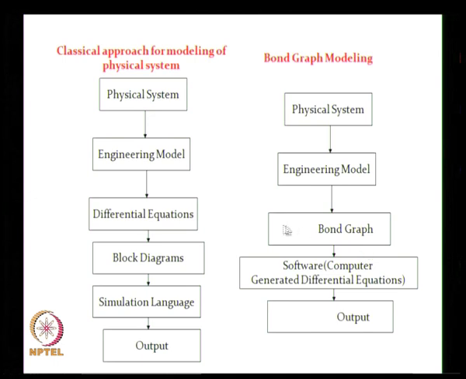That is the main difference between Bondgraph and the classical approach. We bypass the differential equations, because the creation of equations and block diagrams will be carried out by the software itself. So we have standard software to do the job.